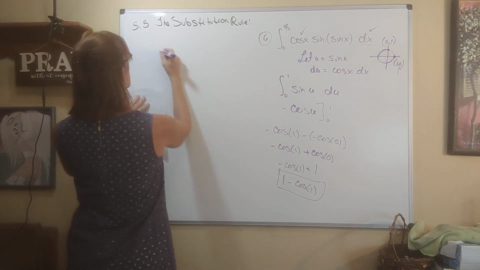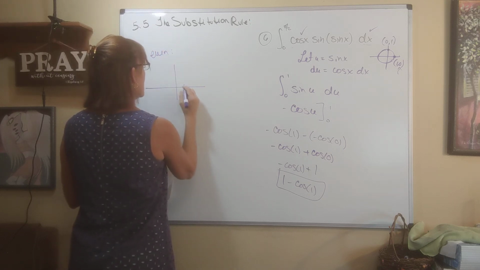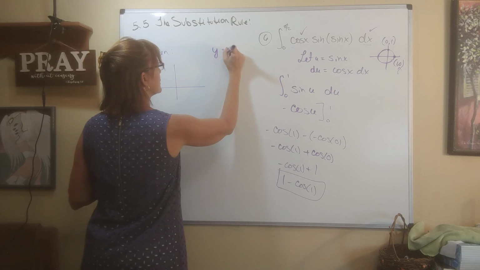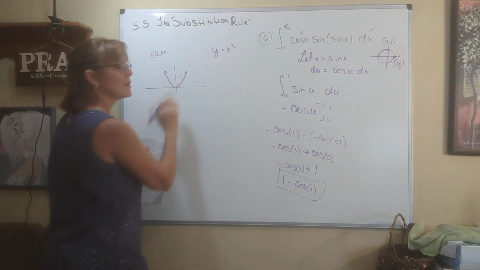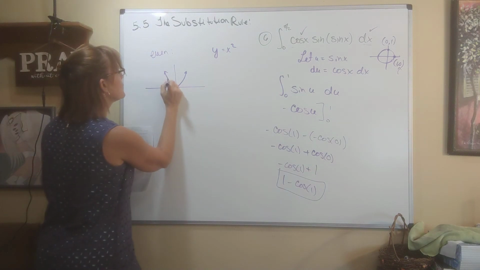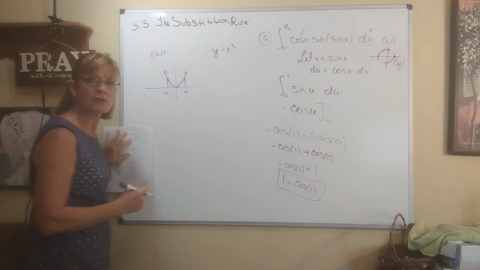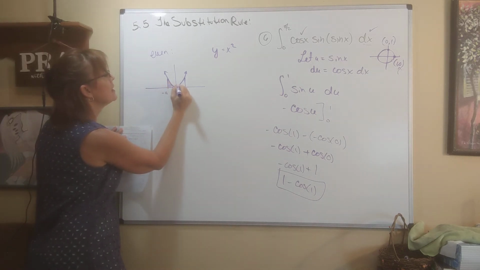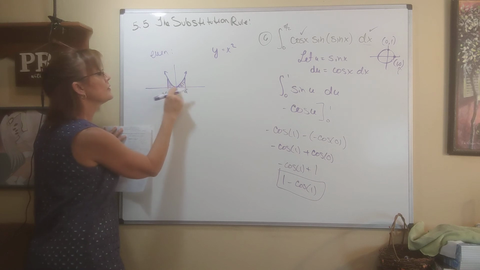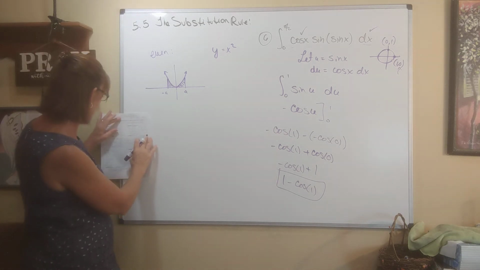Let me just show you a picture of an even function. y equals x squared is a good one to look at. It's symmetric across the y-axis. So if I was integrating from negative a to a, and you know integration is area under the curve, this is symmetric, so these are equivalent areas. So it's really 2 times this area. That's why you have that rule right there.